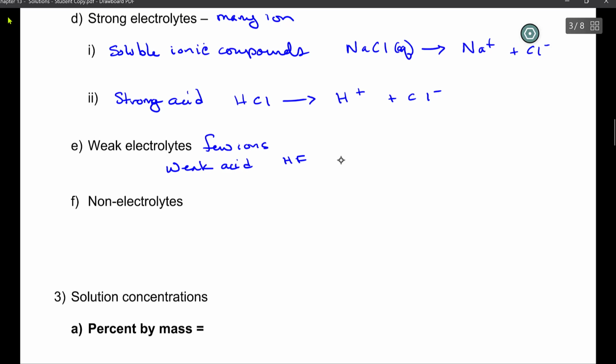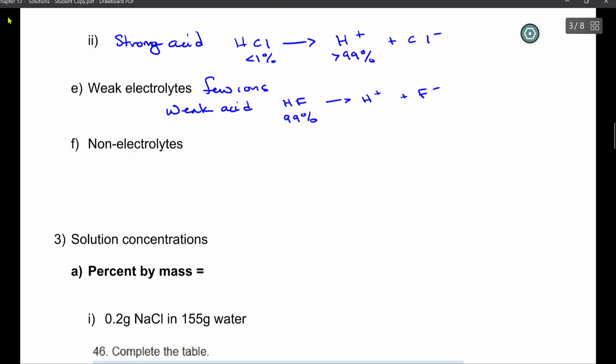When you put HF in solution, you still make H plus and F minus, but the difference is 99% of it is still as HF, whereas when you look at a strong acid, less than 1% typically is left. So this would be greater than 99% H plus and Cl minus.